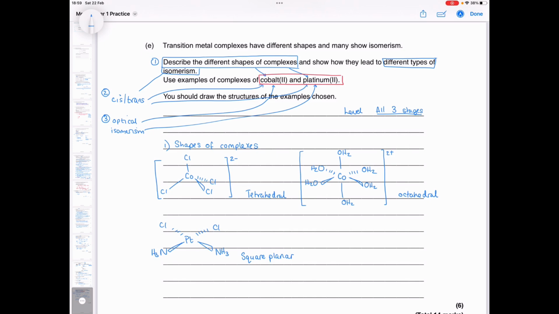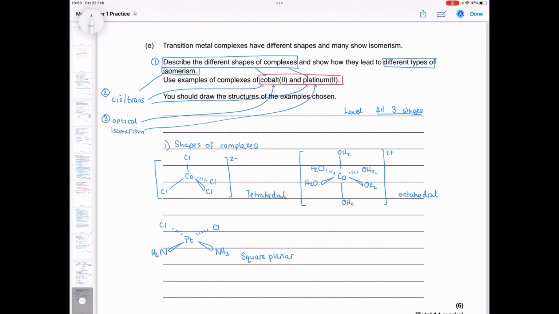Now, we have got other shapes, so we could have linear complexes, but there aren't any linear complexes that you've learned about that have got platinum or cobalt in the middle. So we're not going to include those. An example might be the silver ammonia complex, which is linear.